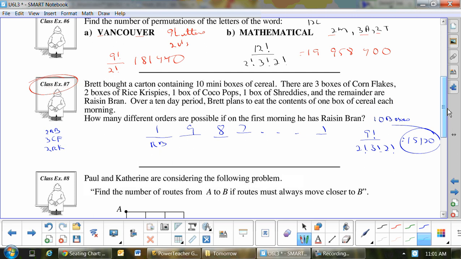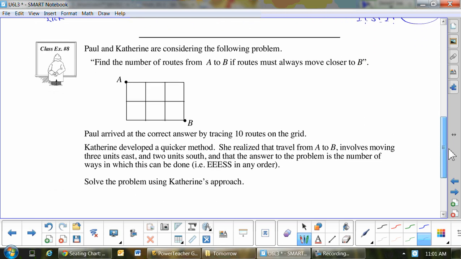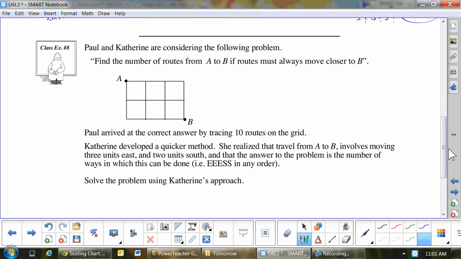Now, last one. These we used to do a lot more extensively in the past, but they've kind of toned them down a bit, and they're just like, how many routes, how many ways can you get from A to B? Now, there used to be parks in the middle and one-way streets and all that stuff, right? So they're a good time. The rules are, you can never go farther away at any time.